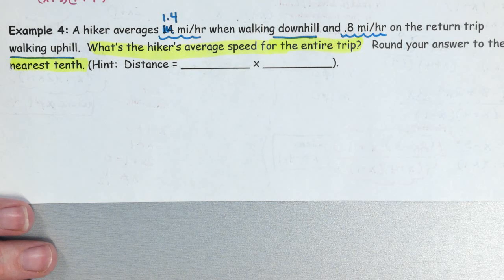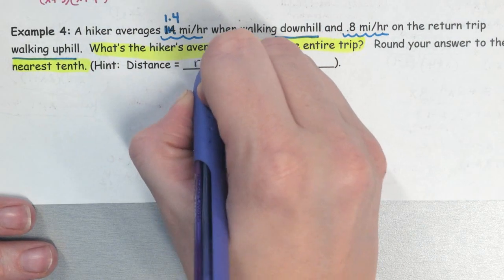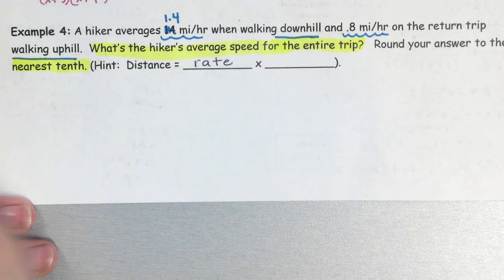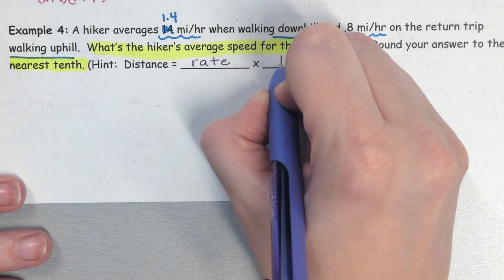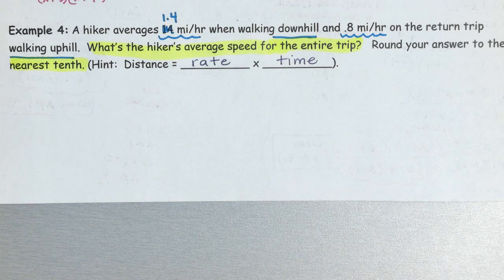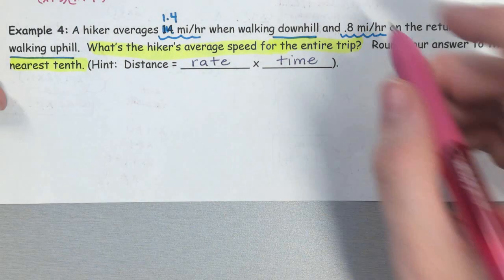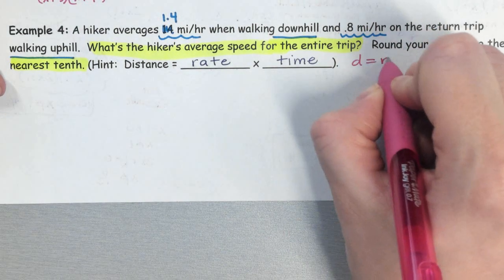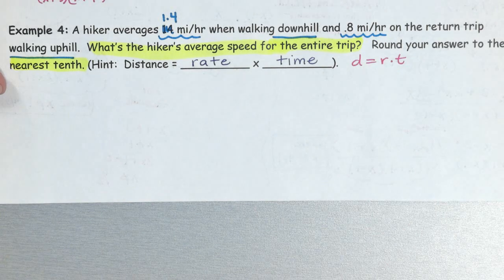Speed times. We call it the rate multiplied by the time. The rate is the speed. Don't you guys remember from science, you did a lot with D equals RT, like that? Distance equals rate times time.